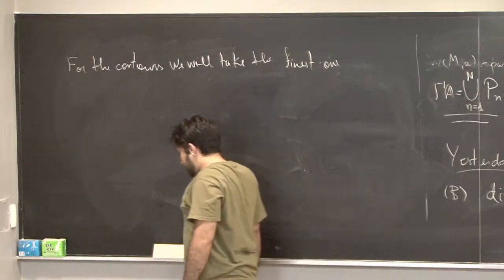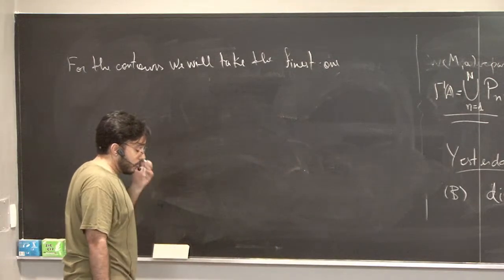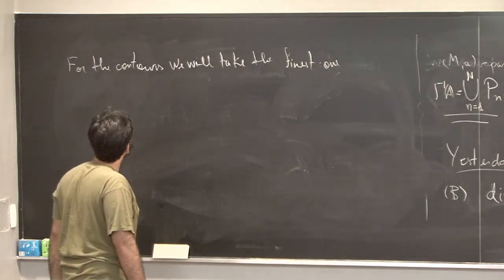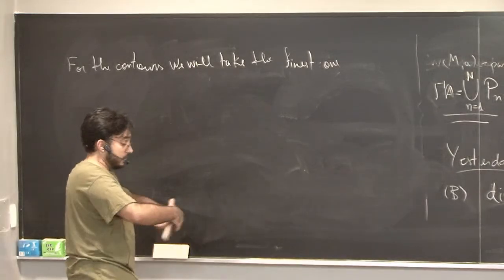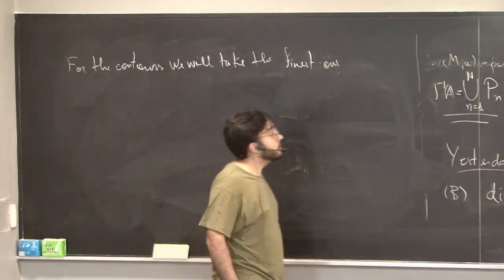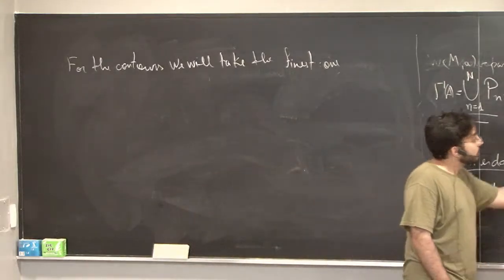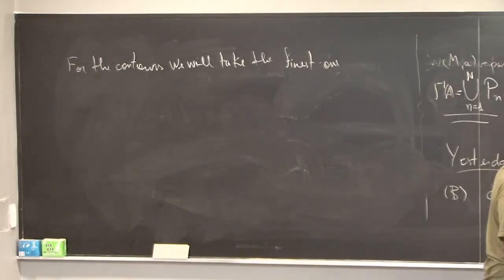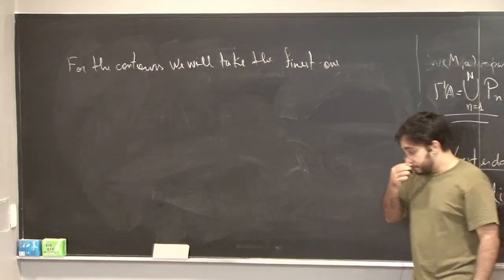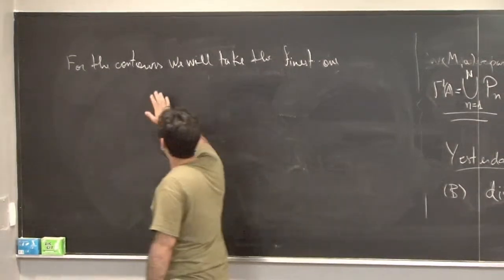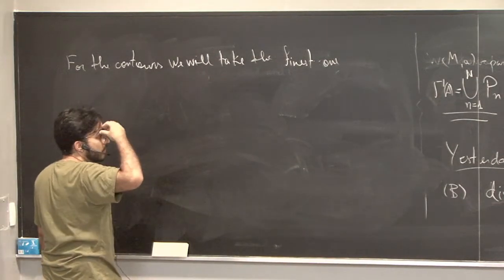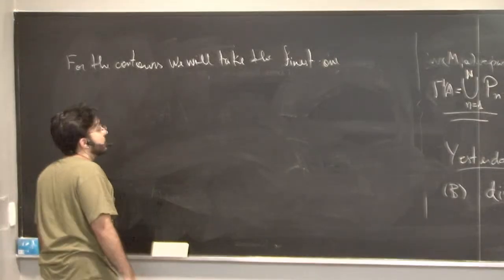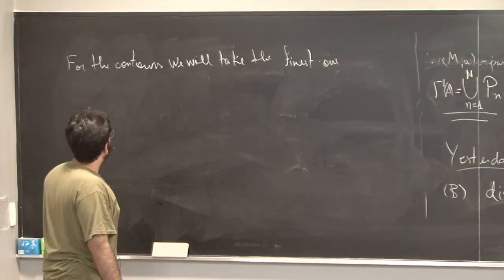And what this means is the following. If I have the set, let's say, of all MA partitions of a given subset A, then I will take the one that is finest in the sense of inclusion of the subset.